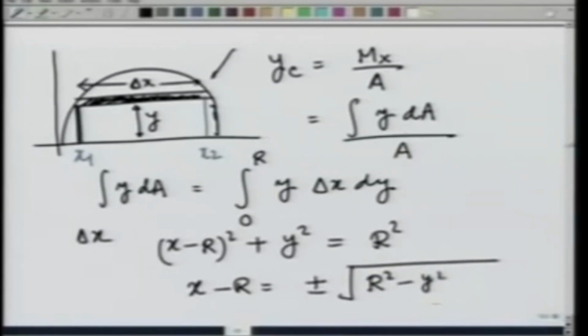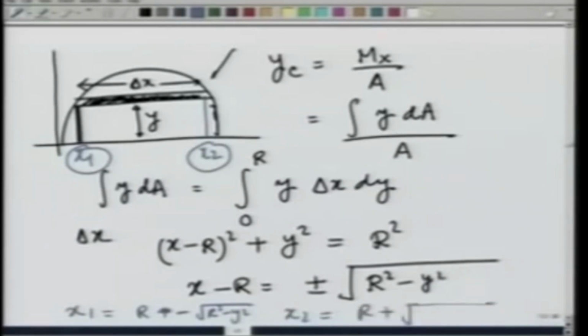I get two values of x, namely x1, which I have shown here, equals r minus the square root of r square minus y square, and x2, which I have shown here, which is equal to r plus the square root of r square minus y square.